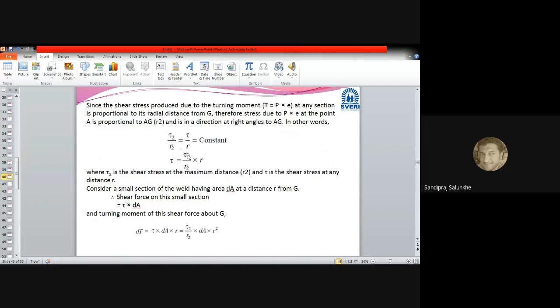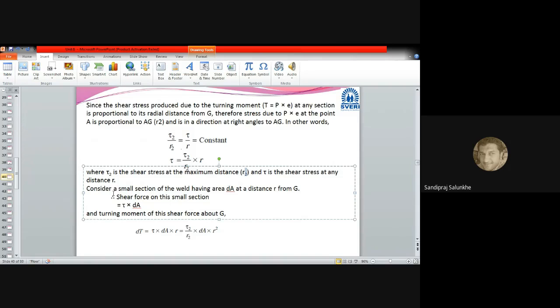For that, we use tau 2 divided by R2 into R. Now this tau 2 is the shear stress at the maximum distance, and R2 is the maximum distance from the CG. And tau is the shear stress at any distance R where you want to calculate it.